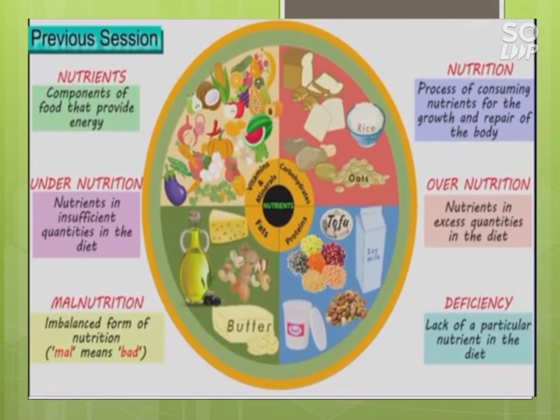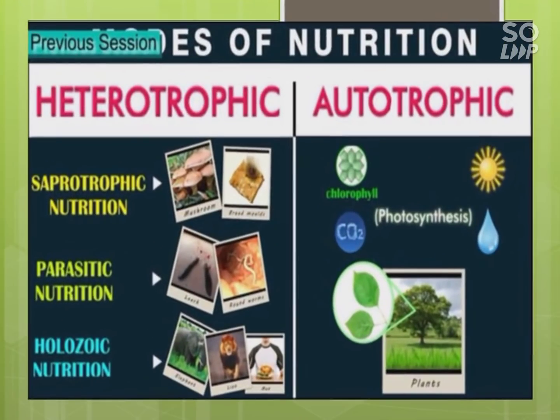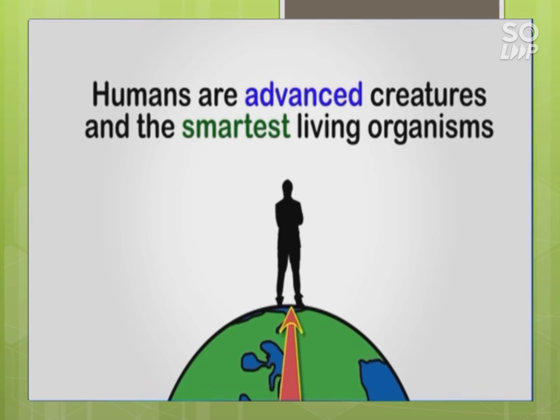We have also seen the preferred diet of each living organism and classified them into two broad modes of nutrition, that is heterotrophic and autotrophic modes of nutrition. I hope you remember this. So now let's move ahead.